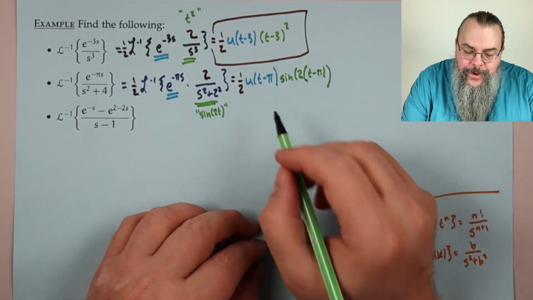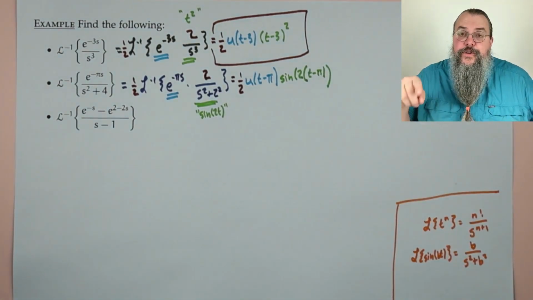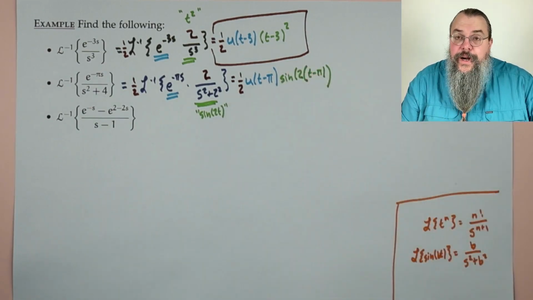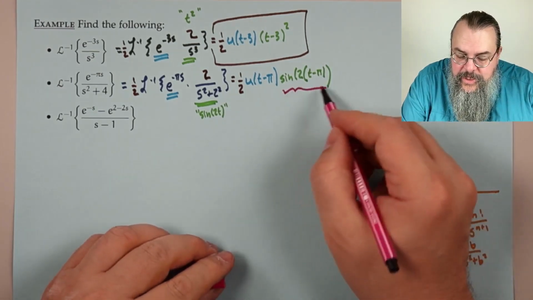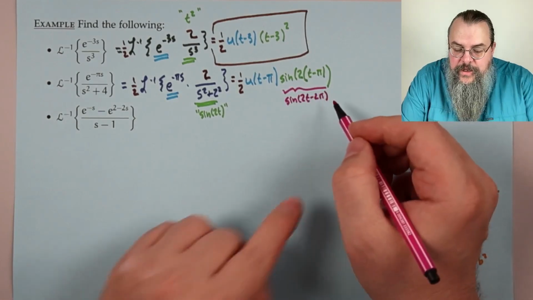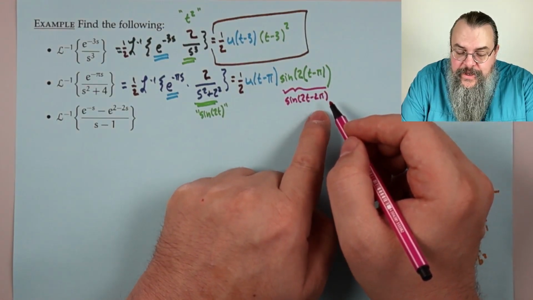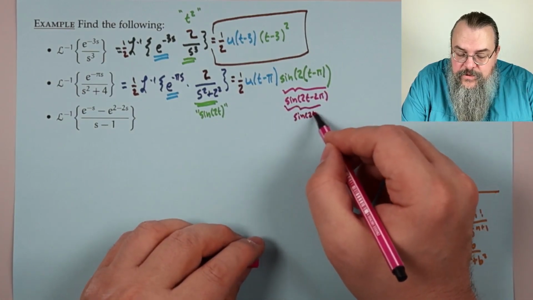Well, one thing we can do is say, notice if you distributed that 2 through, so 2t minus 2 pi, what do you see? Well, this part right here is the same as sine of 2t minus 2 pi, but sine repeats itself every 2 pi. And so this is the same as sine of 2t.